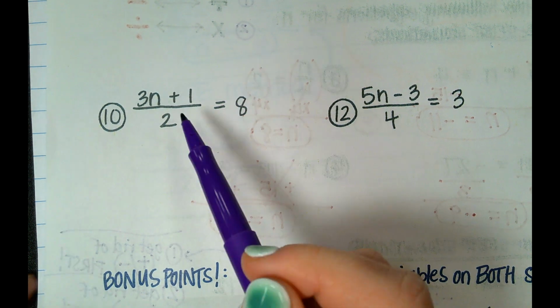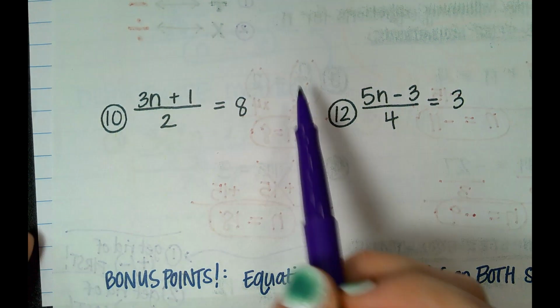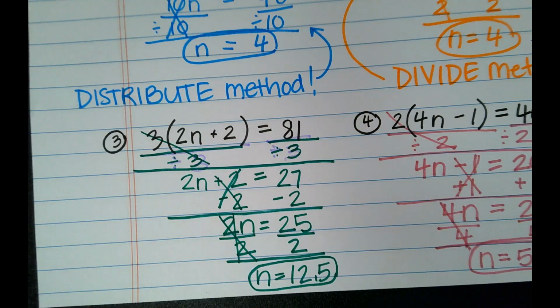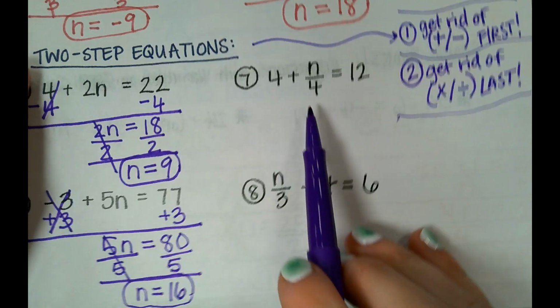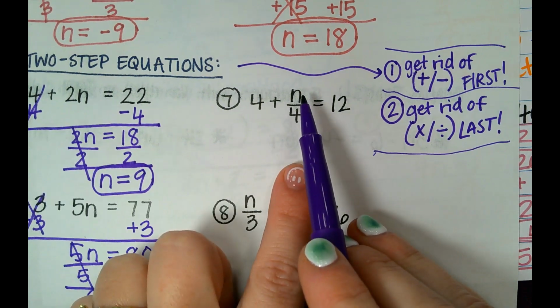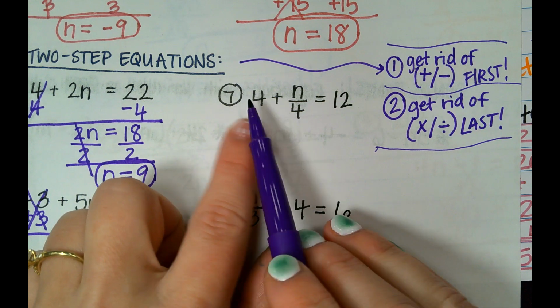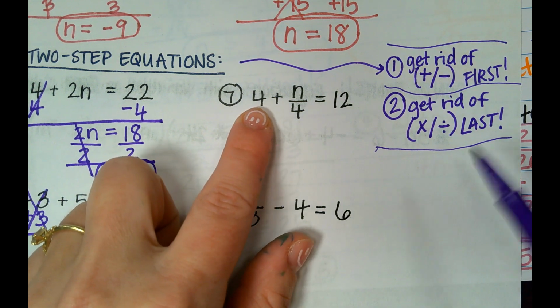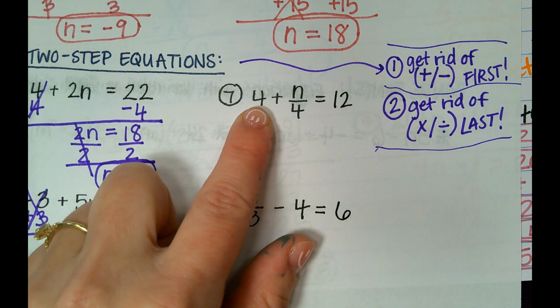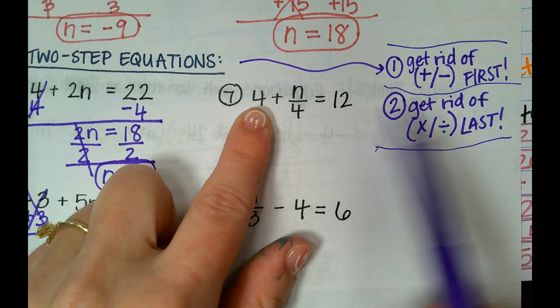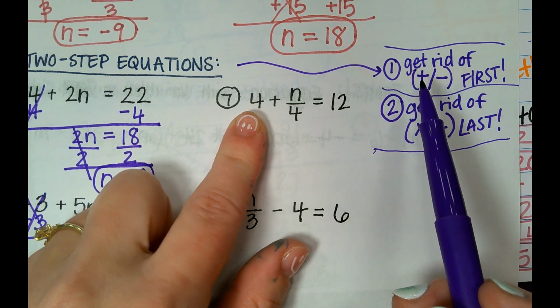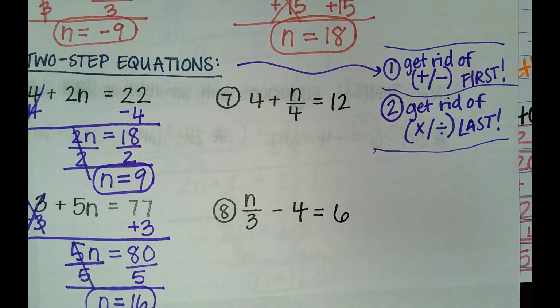That is one where we would multiply first. But number 7, it's just n being divided by 4. So that plus 4 off to the side, it's not stuck in a fraction. We can still do addition and subtraction first, like we've been doing. So nothing's going to change.